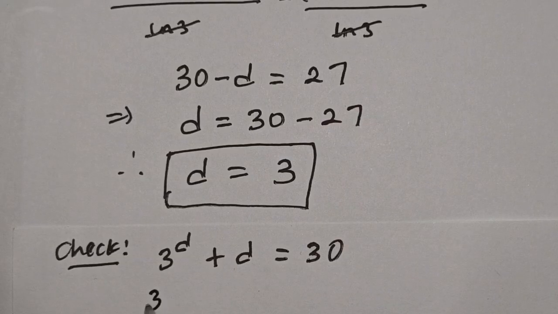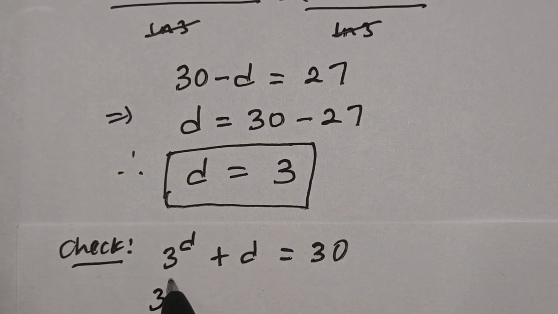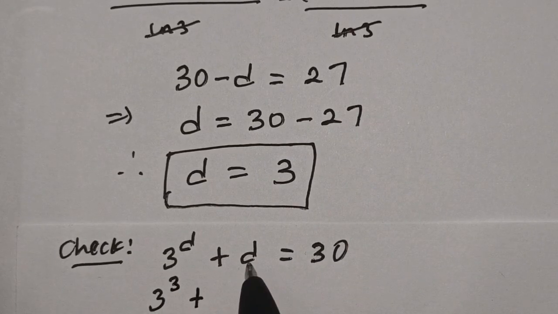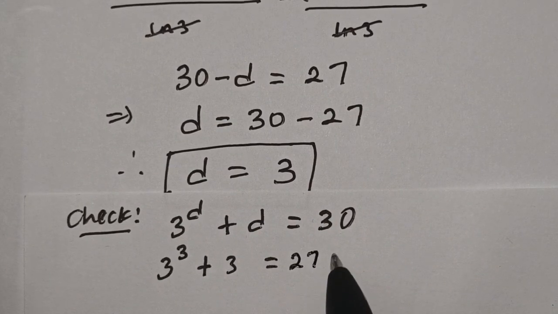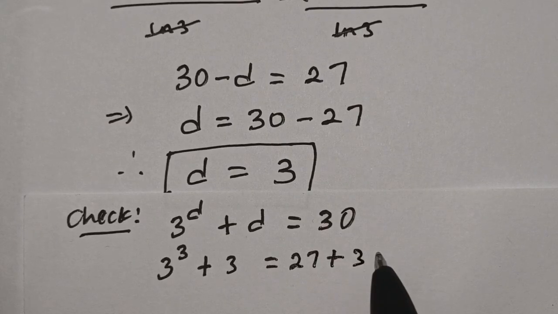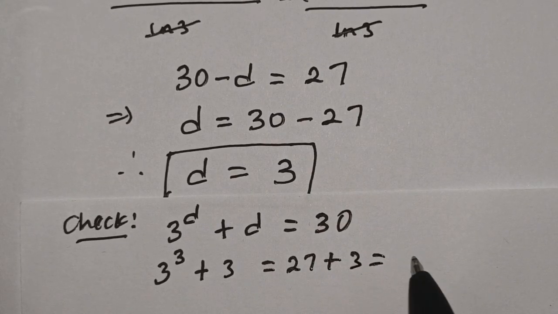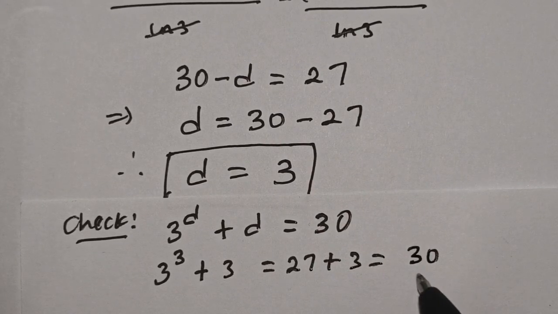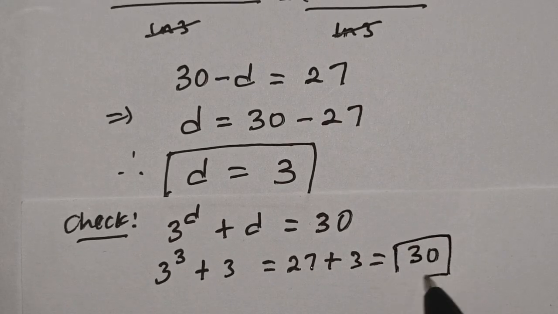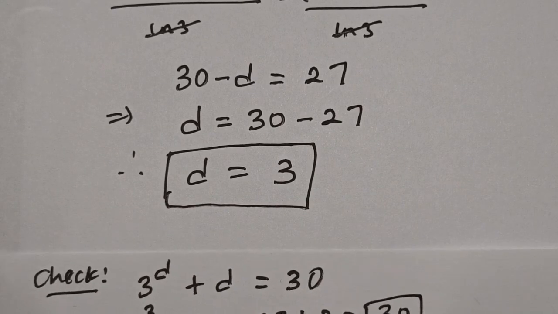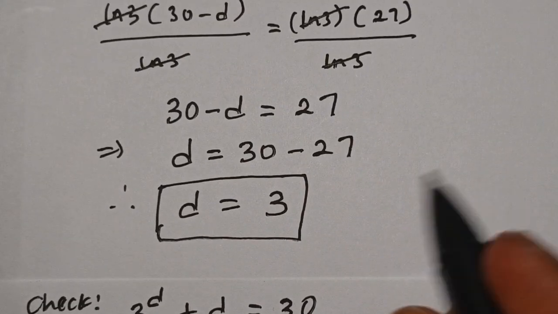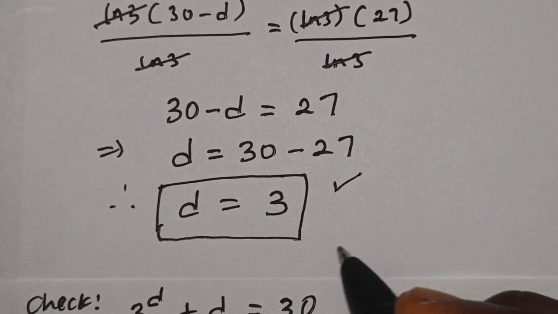D is 3, so 3 to the power of 3 is 27, plus 3, that is 27 plus 3, that is 30. You will see that this is exactly what we have on the right hand side of this equation. That means indeed d equals 3 is correct.